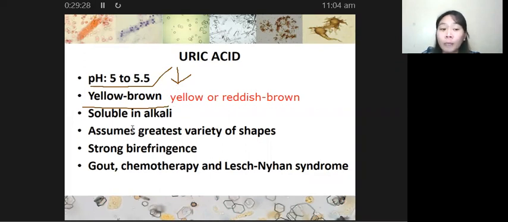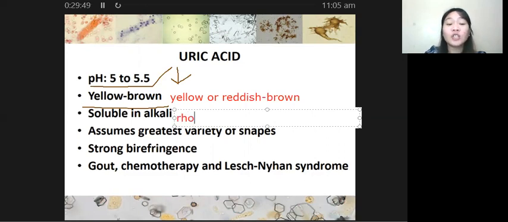So it is soluble in alkali and it is the crystal that assumes the greatest variety of shapes. So, ibig sabihin, hindi lang iisa ang itsura ni uric acid. Marami po siyang iba't ibang itsura.